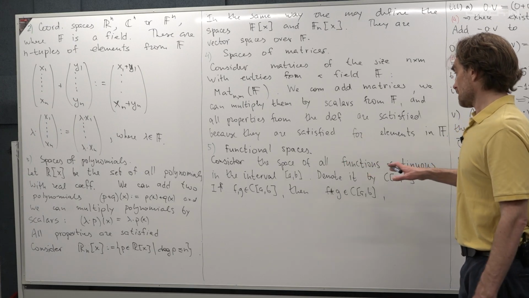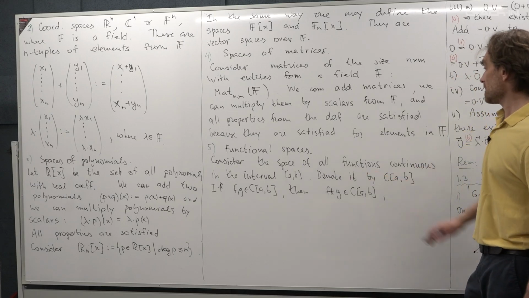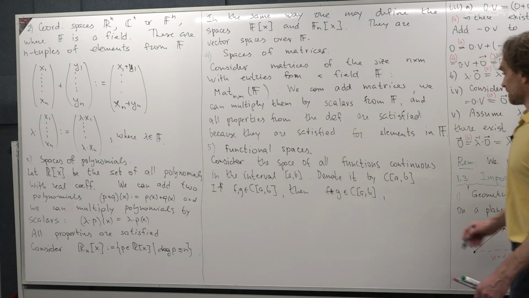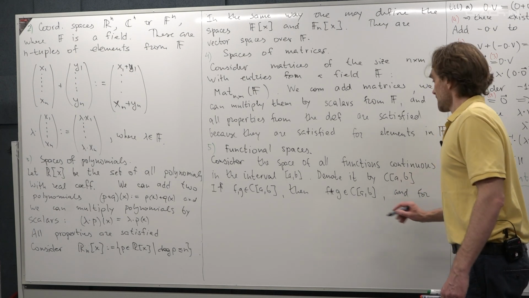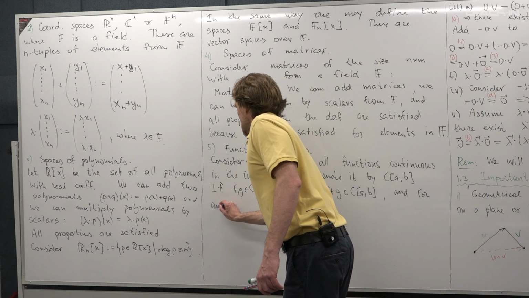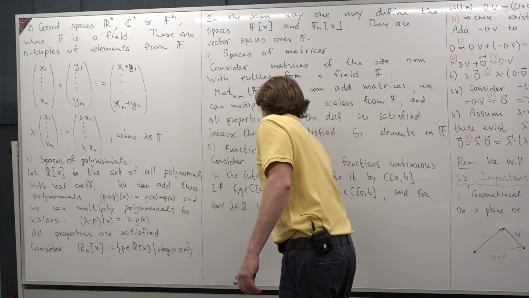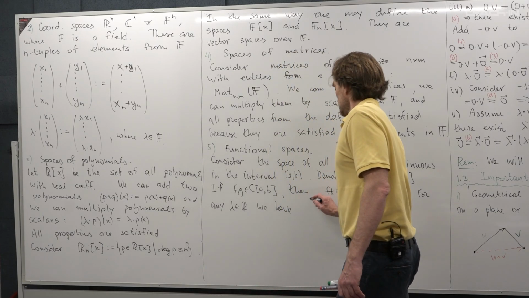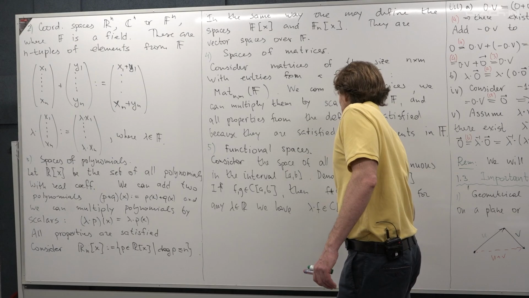So if we take the sum of two functions from C(A,B), then the sum belongs to the same space, and for any real lambda, lambda multiplied by f is also a continuous function, right?